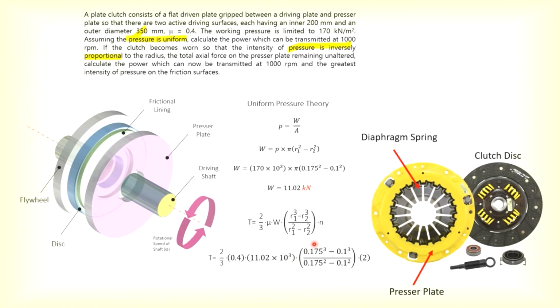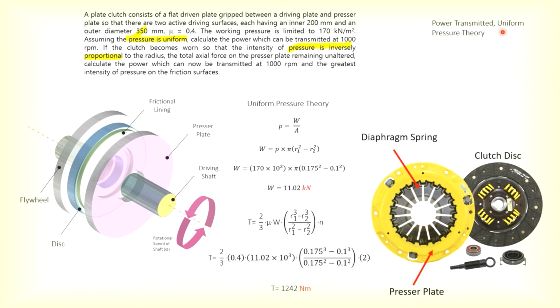This is the outer radius and this is the inner radius. This is your actual spring force and the coefficient of friction. The number of pairs of contact surfaces is 2. So you will be able to find the torque of 1242 Newton meter.